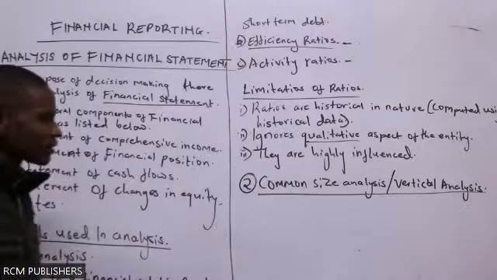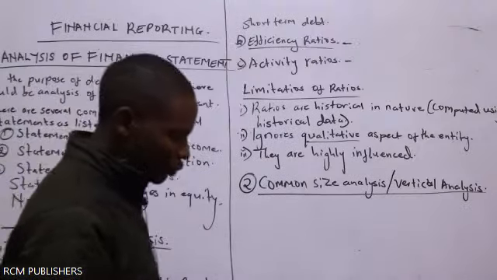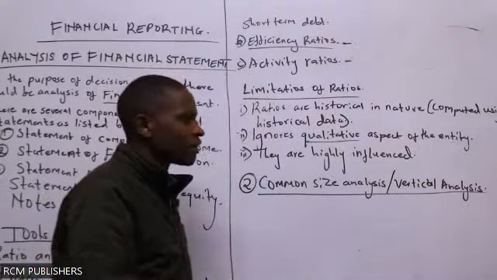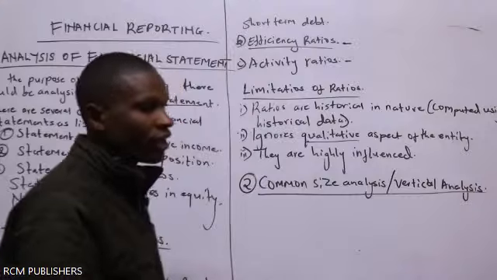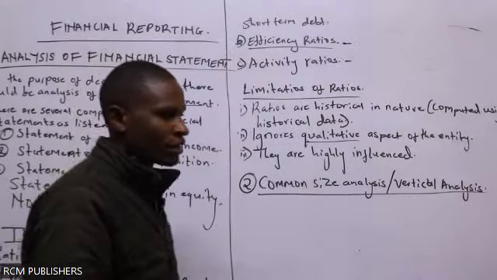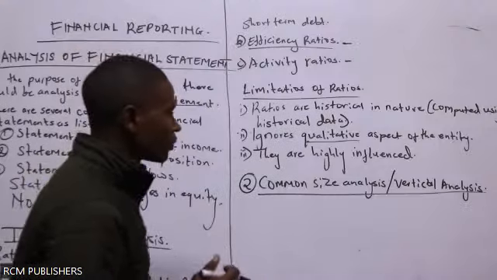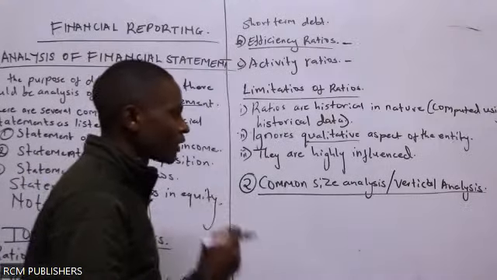We are going to look at the income statement in a vertical manner, and the balance sheet in a vertical manner. But there's something I would like you people to get from the word go.